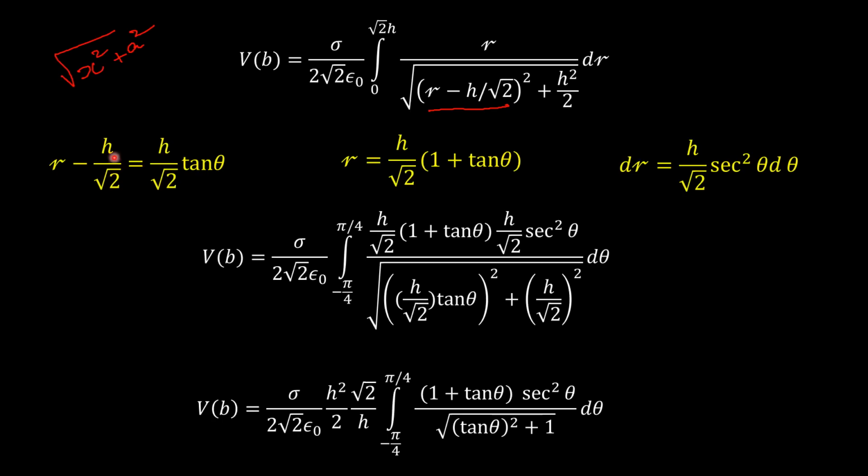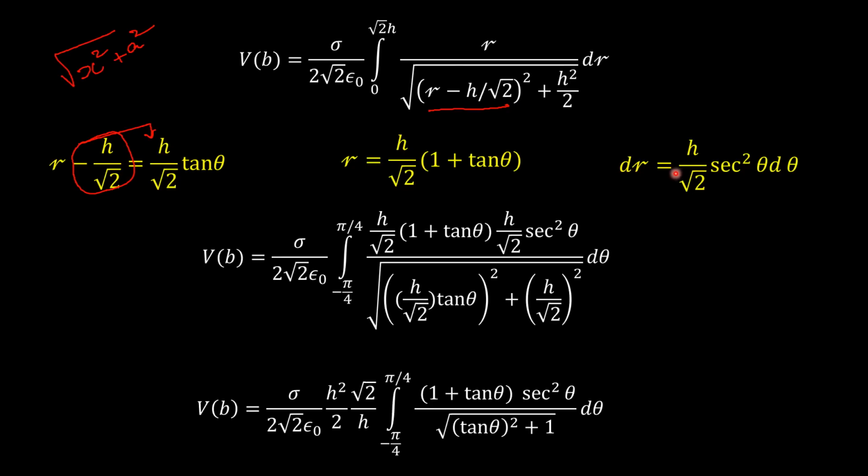Script r minus h divided by square root 2 is equal to h divided by square root 2 tan theta. If you bring this to the right hand side, this will become plus, so this can be rewritten as script r is equal to h divided by square root of 2 times 1 plus tan theta.